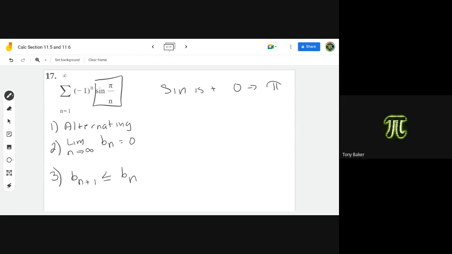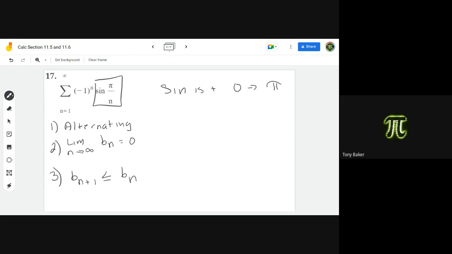Because sine of pi over 1 is 0. If n is 2, is it positive? It's pi over 2, right? If n is 3, is it positive? Will there ever be a situation where this is going to be negative? Or is that number right there always going to be between 0 and pi? Okay, so it's fine. But in this situation, you actually have to show that. That's why I chose this one, because I wanted to have that conversation.